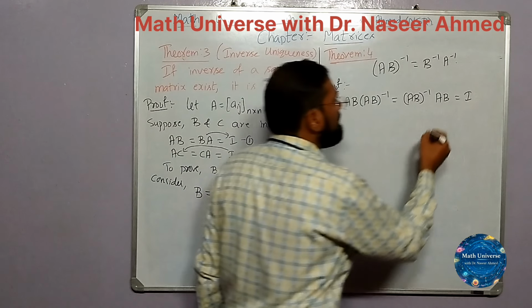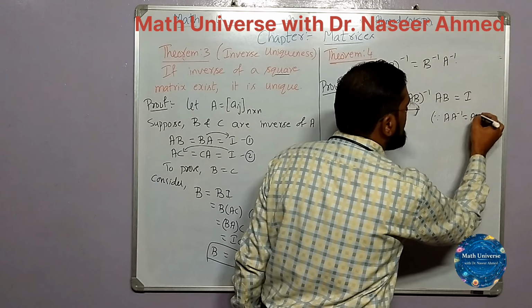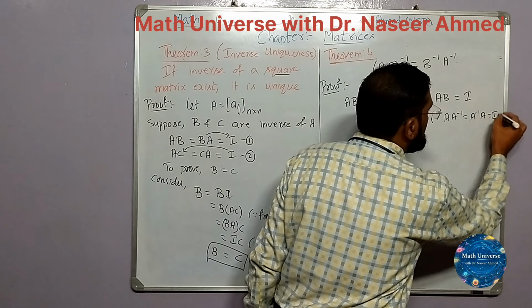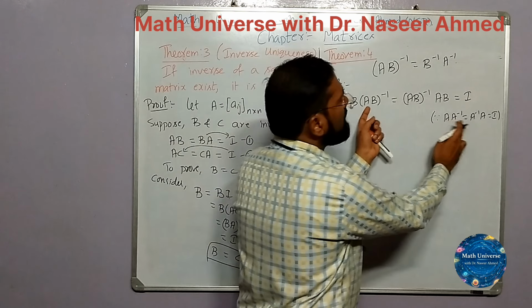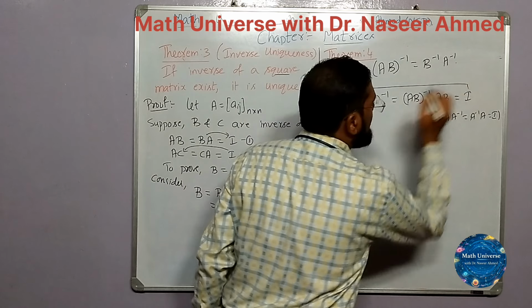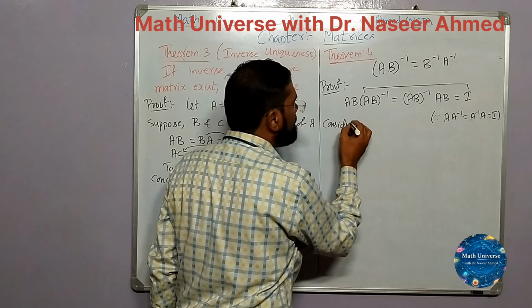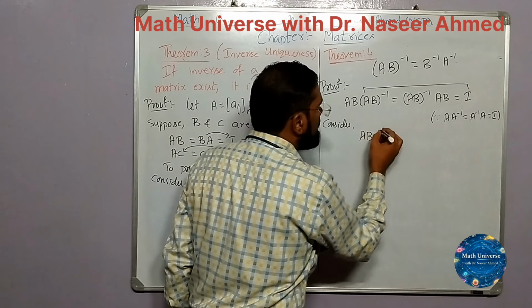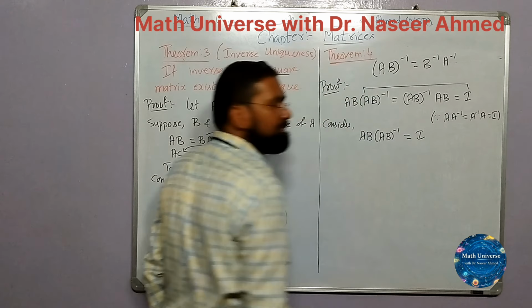If at all I have invertible matrices, we know that A into A inverse should be equal to A inverse into A, which should be equal to I. So in place of A we have AB, in place of A inverse we have the whole inverse of AB. Again the same thing here. Now let us consider the first and the last. So when I consider here AB, then AB the whole inverse is equal to I.